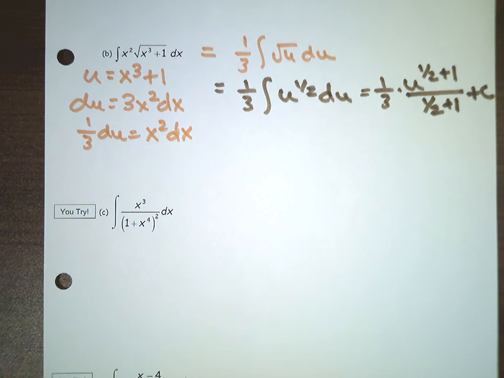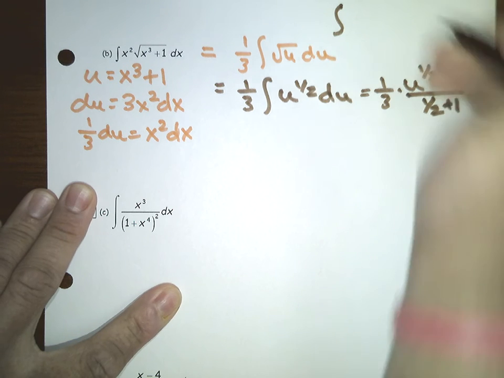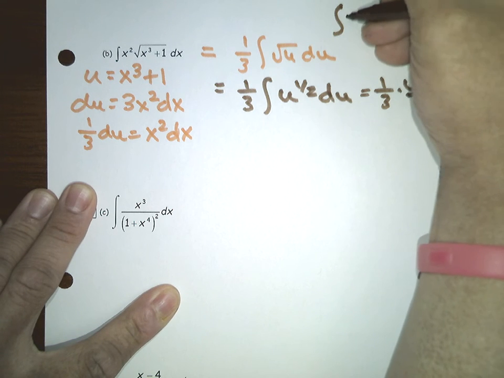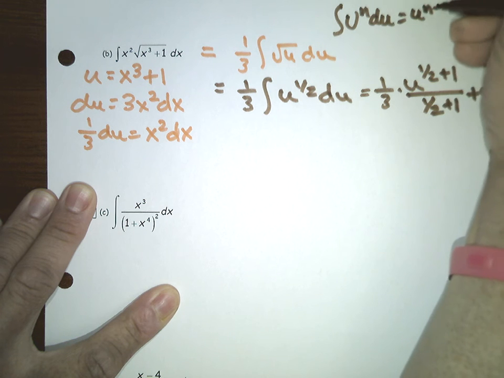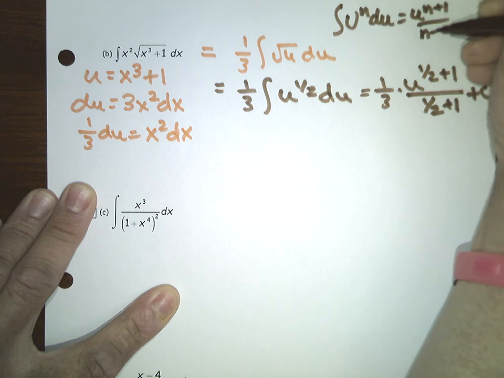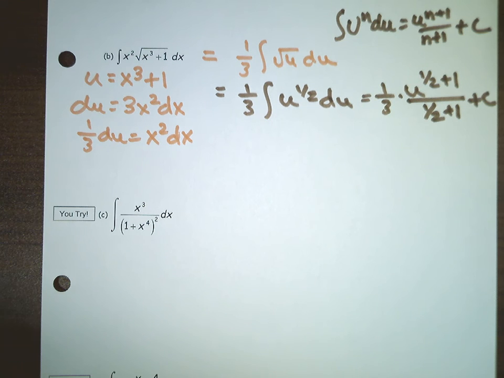So just like before, remember the rule is the integral of u to the n du is u to the n plus 1 over n plus 1 plus c. I just need to add the 1 to the exponent and then divide by the new exponent.